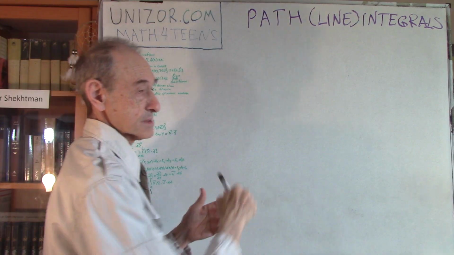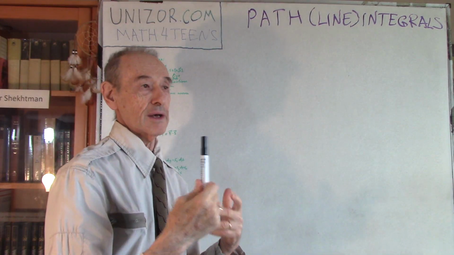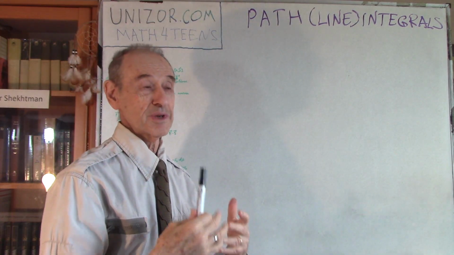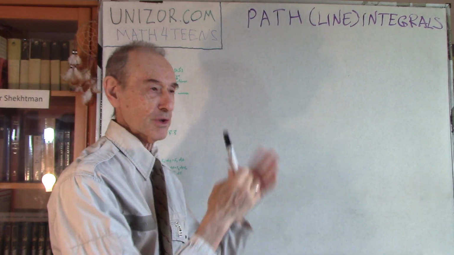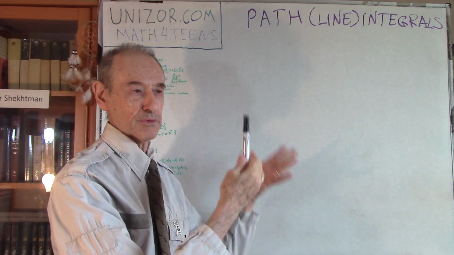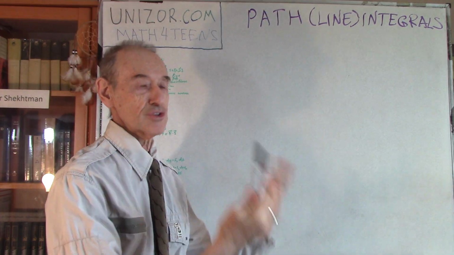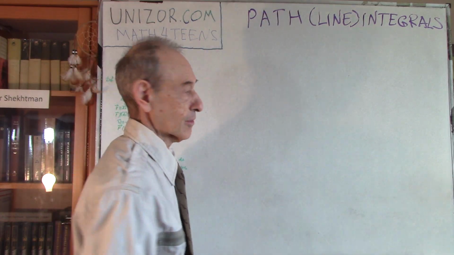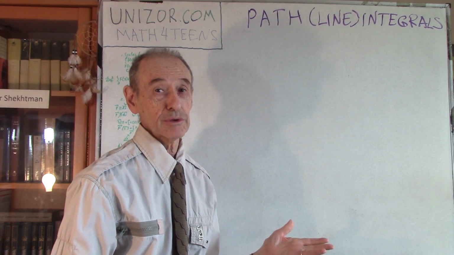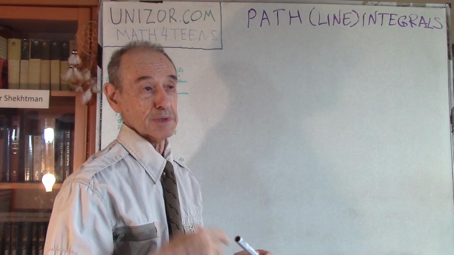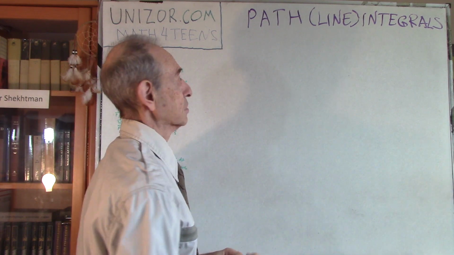It's called path because the curve is, in physics, in most cases a path of movement of something. So the whole thing actually derived from physics. I mean, physics initiated this type of integral, in as much as the regular integrals were really influenced by physics problems.